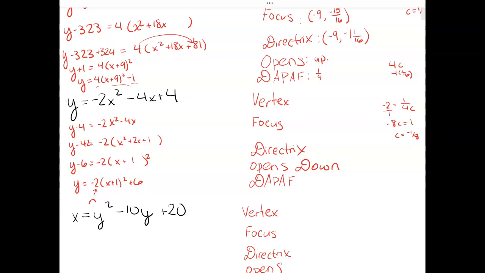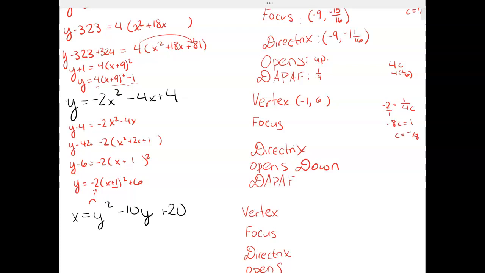Alright, so my vertex, just looking at this, I can pull out my x coordinate, and I see that my sign has changed from my formula into this, which should just give me -1, 6. Since it opens down, my focus is going to go in the same direction. So I've got to go -1/8 down.